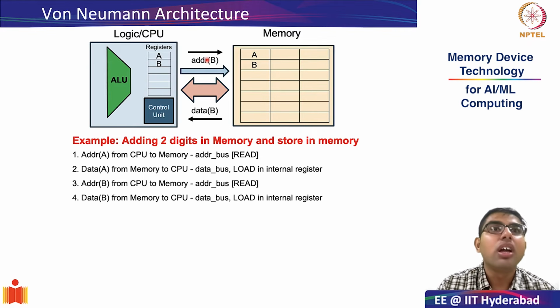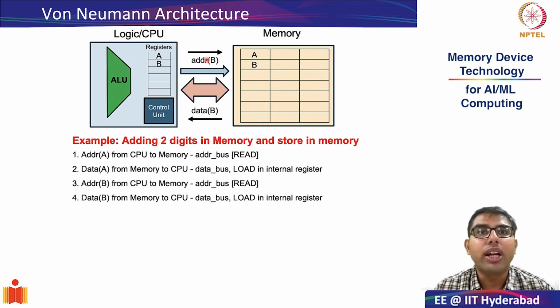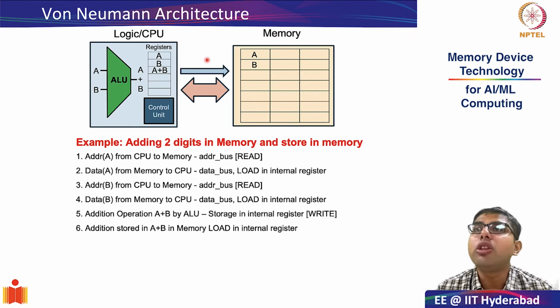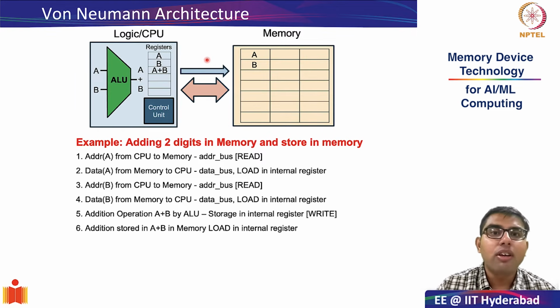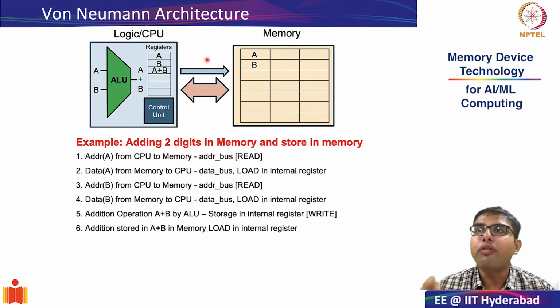What was the next step? It was add R3, R1, R2. That means the arithmetic logic unit will be fed with the contents of R1 and R2, and the summation will be stored in R3.